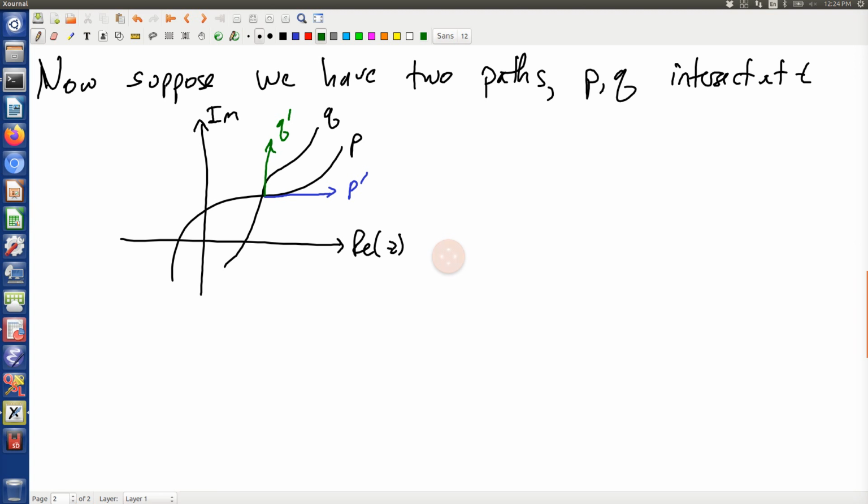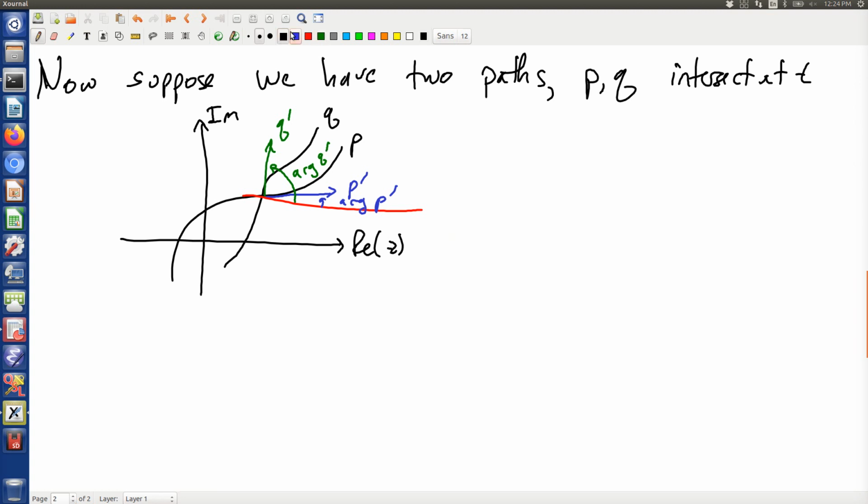The angle that P prime makes with the horizontal axis, draw the horizontal axis in red, that's the argument of P prime. The angle that Q makes, that's the argument of Q prime.